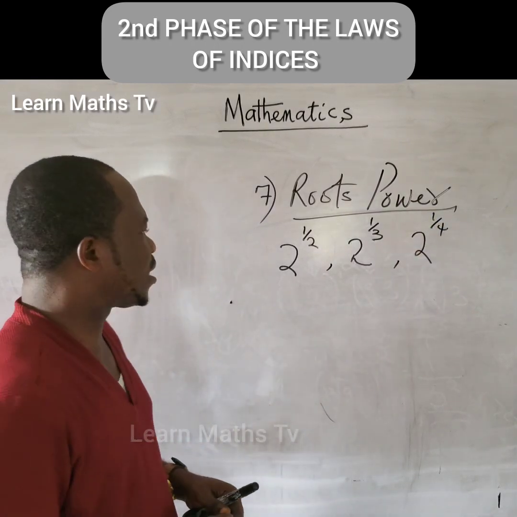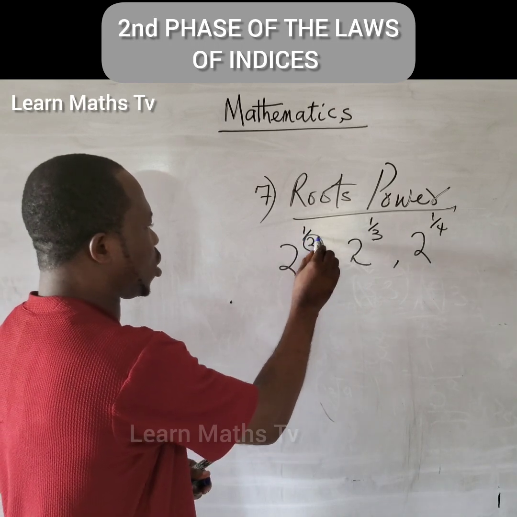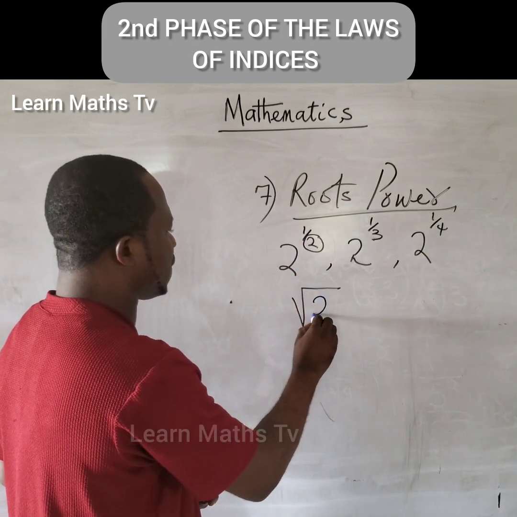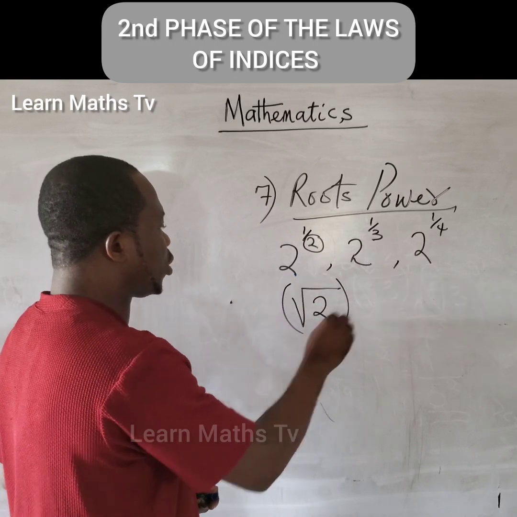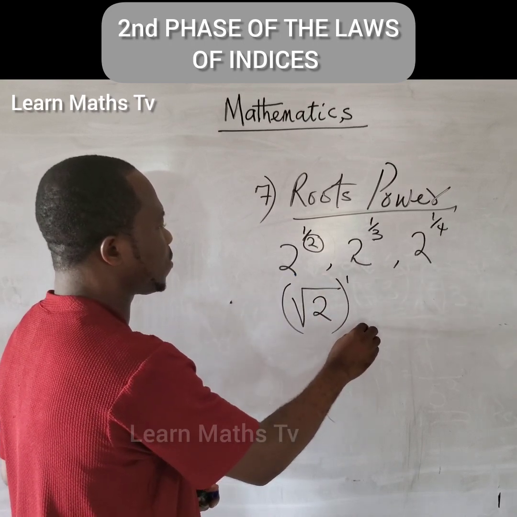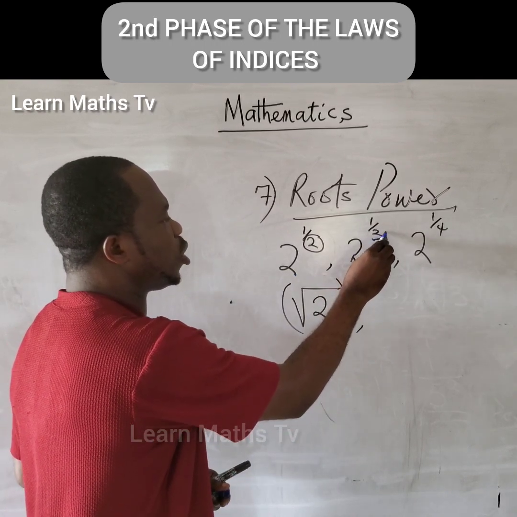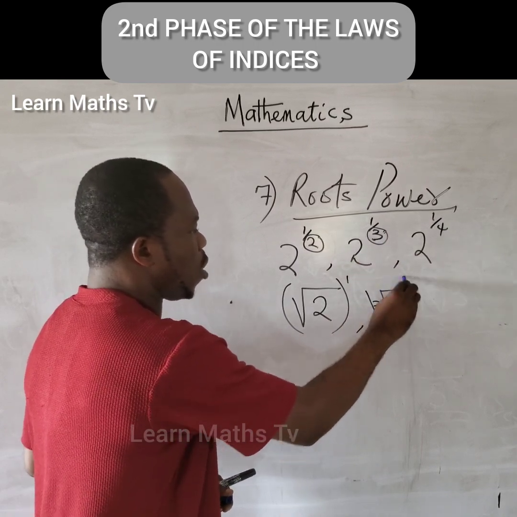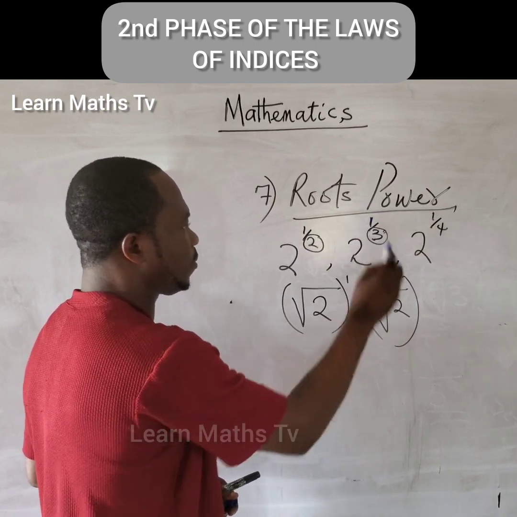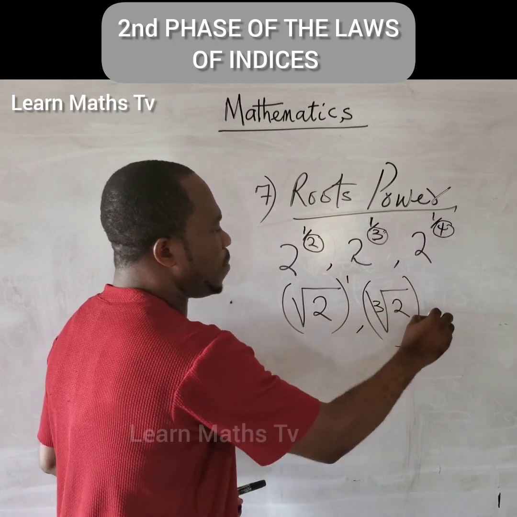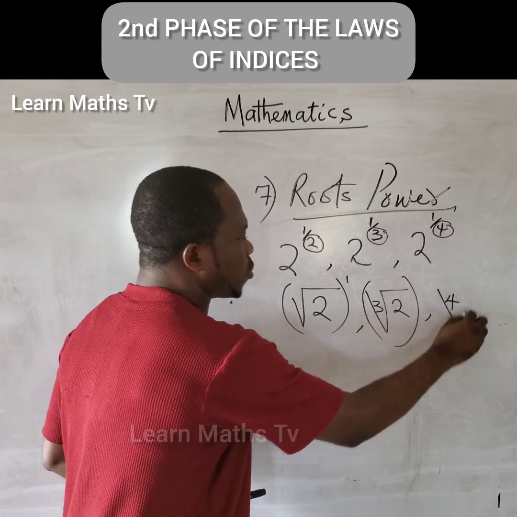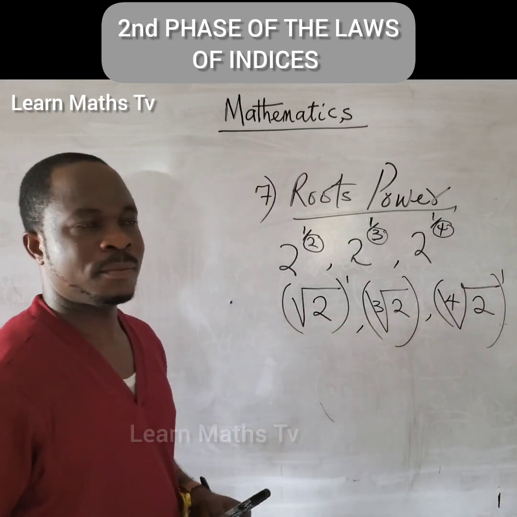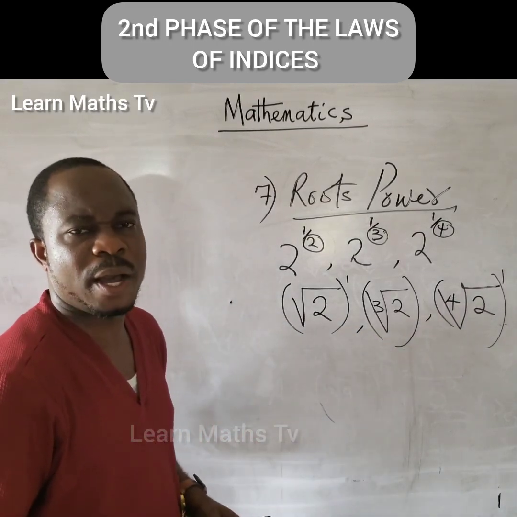The implication is that this denominator 2 becomes the square root of 2, all raised to power 1, and this denominator 3 becomes the cube root of 2 all raised to power 1. This denominator 4 becomes the fourth root of 2 all raised to power 1. That is all about root power.